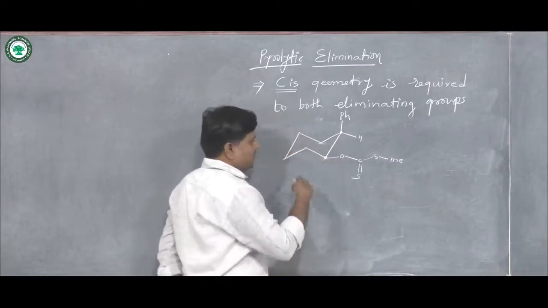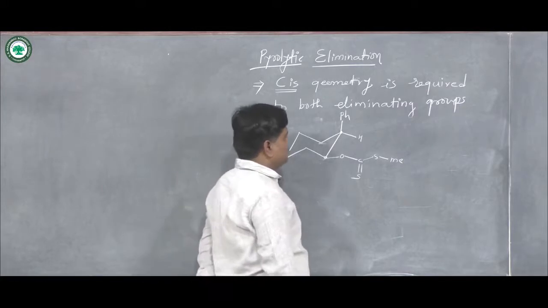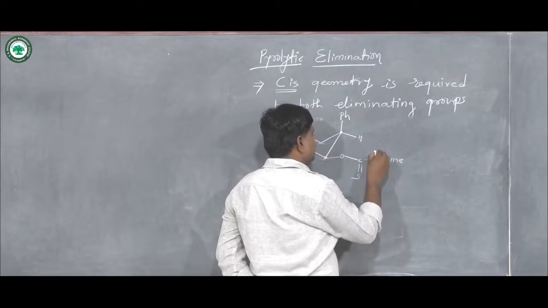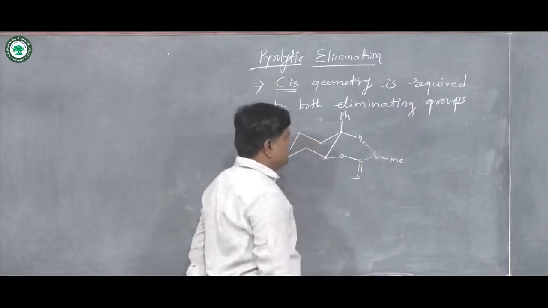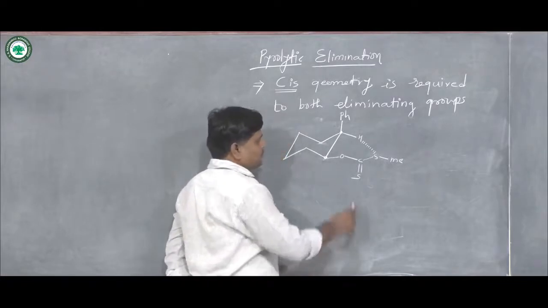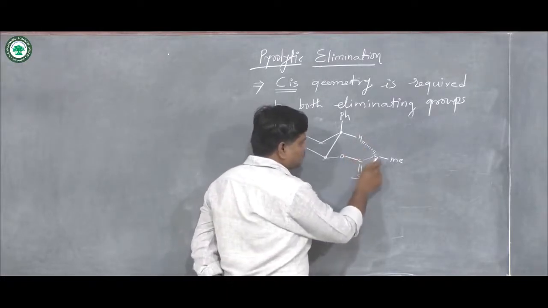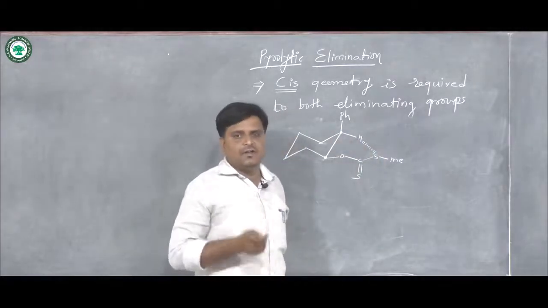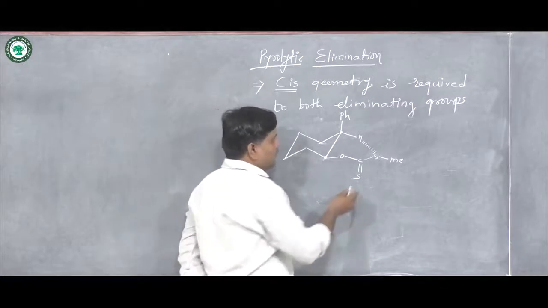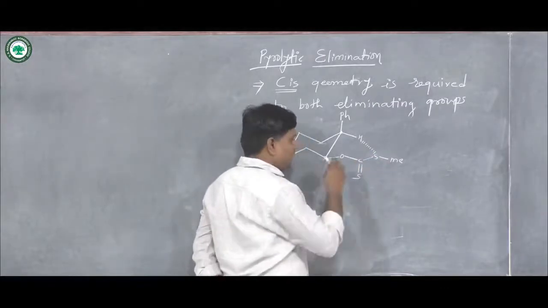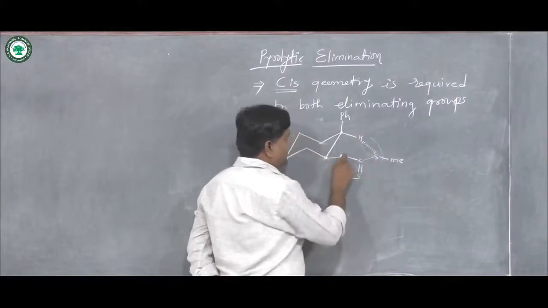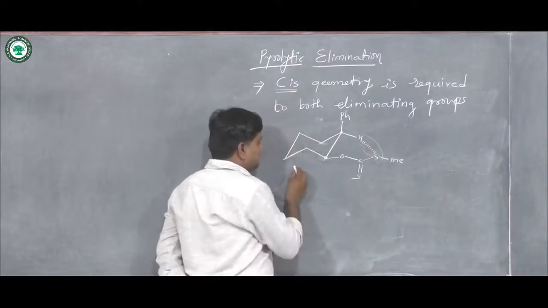So we try to convert that into a cyclic intermediate, where this hydrogen will interact with the sulfur, because this hydrogen is very close to the sulfur, and this is only possible when these substituents come close to each other. And how do they come close to each other? When they are present in cis geometry.